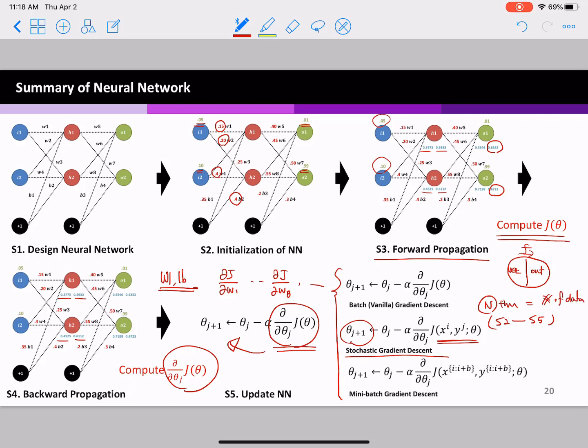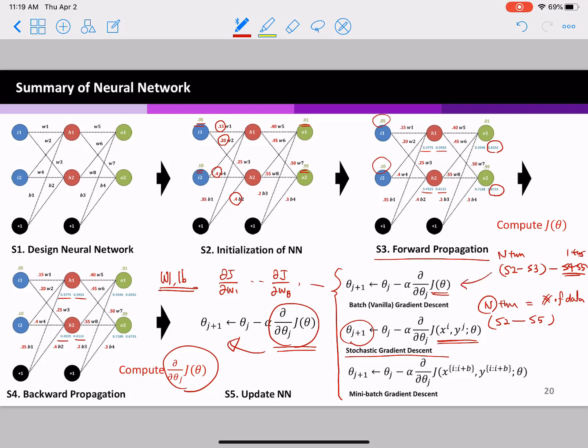Okay. But batch gradient descent is different. In batch gradient descent, your cost function is computed from all your data. So in this case, steps 2 and 3 are done n times, and steps 4 and 5 only one time. Okay, that's this one.